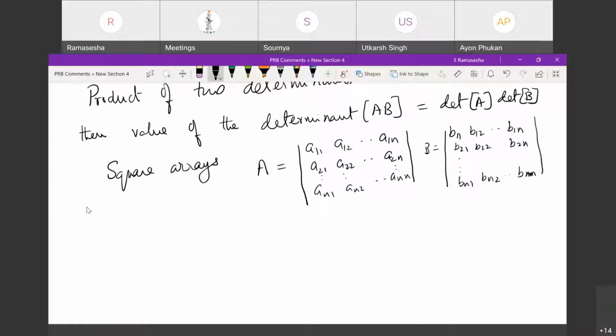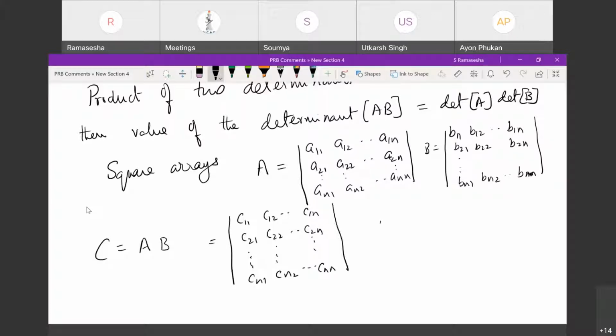Then if C is equal to AB, then C is C11, C12, ..., C1n, C21, C22, ..., C2n, etc., Cn1, ..., Cnn, where Cij is equal to the sum over k from 1 to n of aik bkj, just as the rules for multiplying matrices.